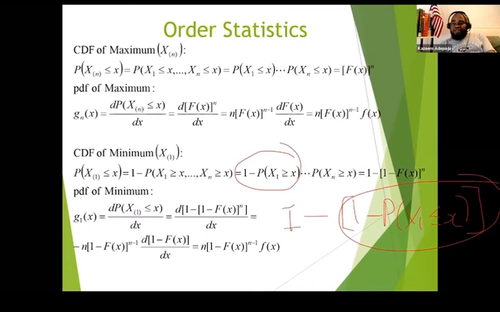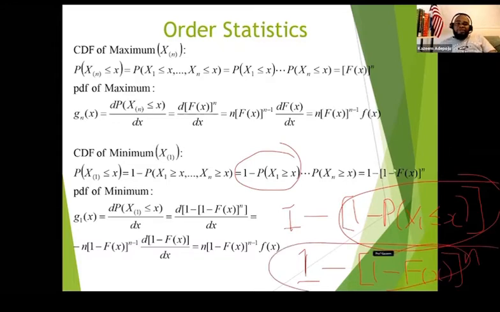So basically, we can write 1 minus, into 1 minus F of x, and everything raised to power n, and that was the reason why we have this here.